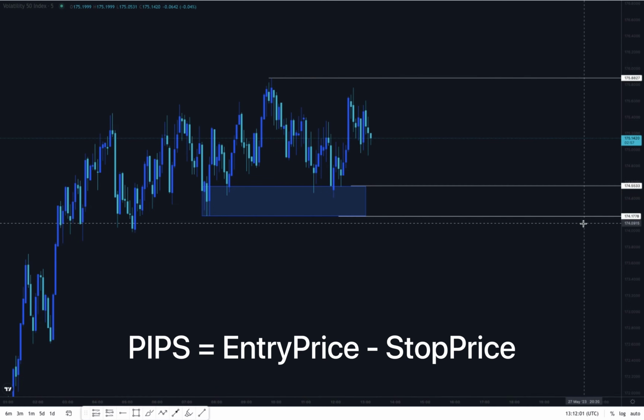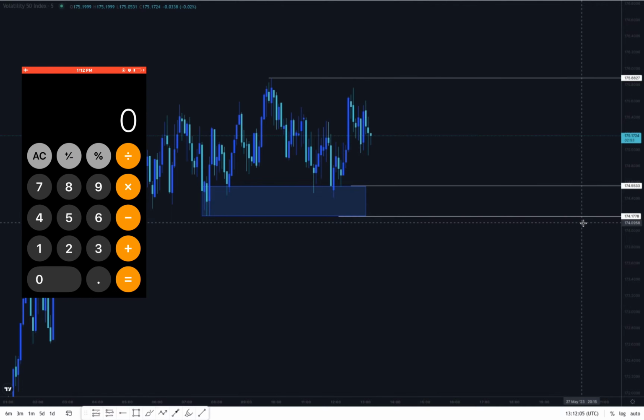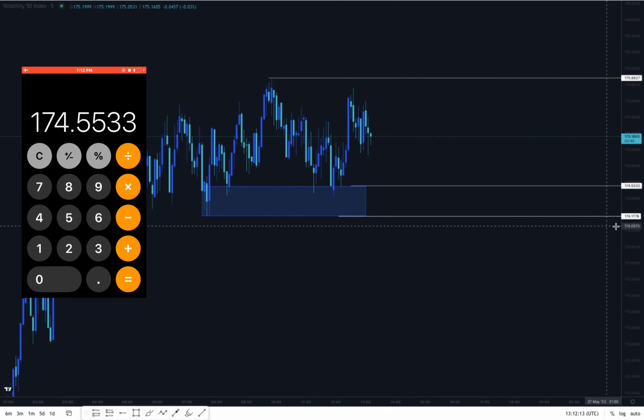Well, let's take our calculator. Our entry price is 174.5533. Now subtract the stop loss price, which is 174.1778.